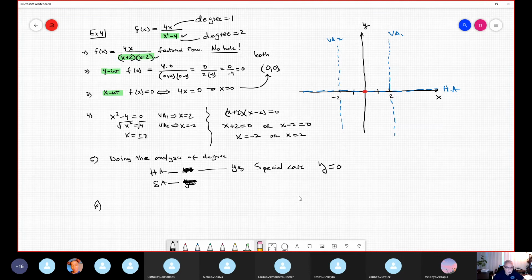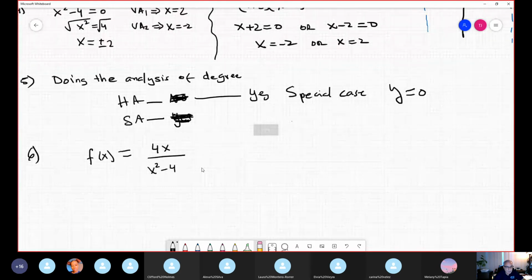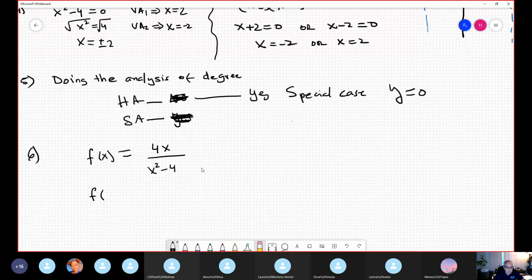So now I take the original function, f of x equals 4x over x squared minus 4. I copy the original again. Here I perform a reflection. How? Replace x with negative x. You know that, it's a transformation.